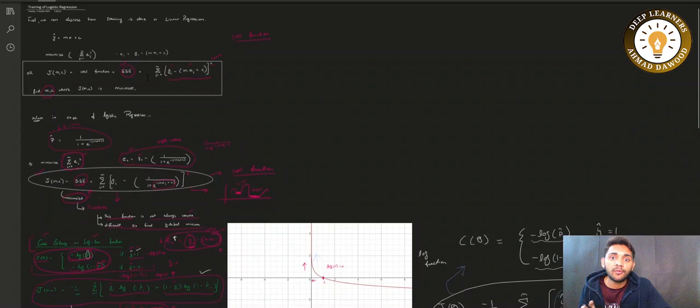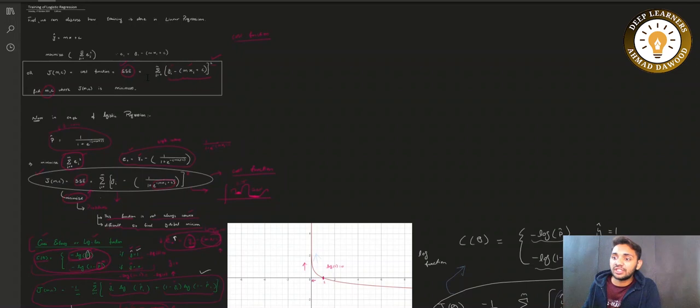You just have to understand the concept of why we are using a different cost function in the case of logistic regression. The reason, as I told you, is that if we use a cost function like mean square error or sum of squared error for logistic regressor, it is not convex, so we have to use another type of cost function.